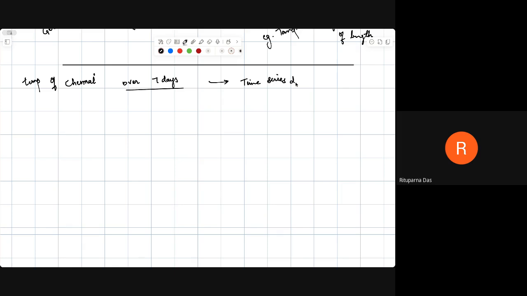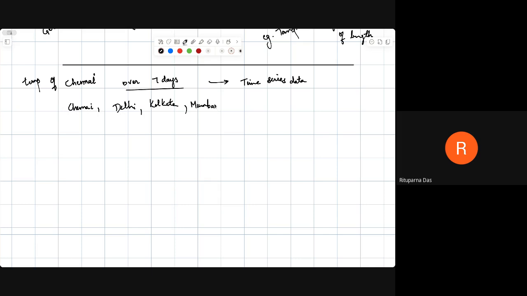Say when you are observing the temperature of four different cities, say Chennai, Delhi, Kolkata, and Mumbai.